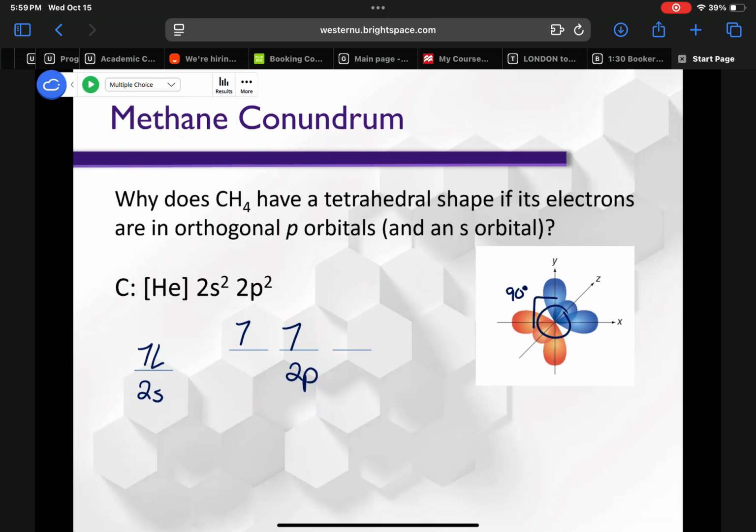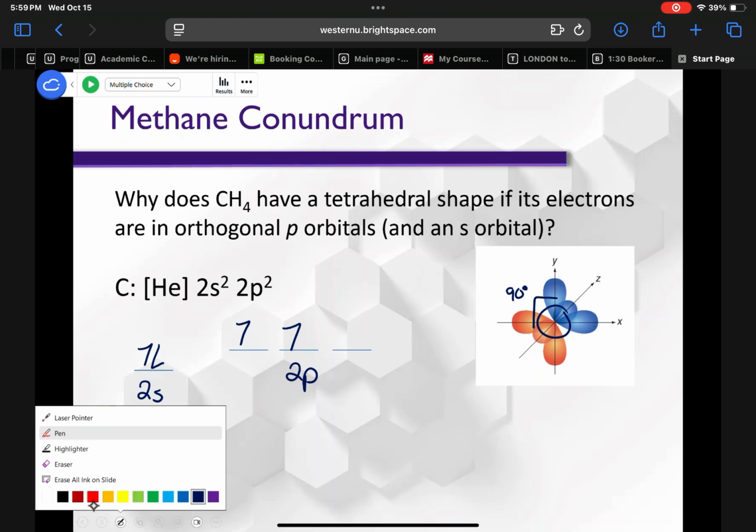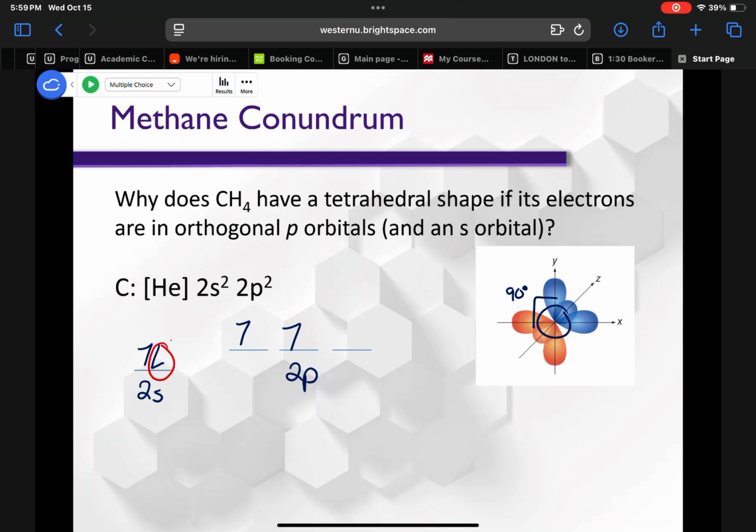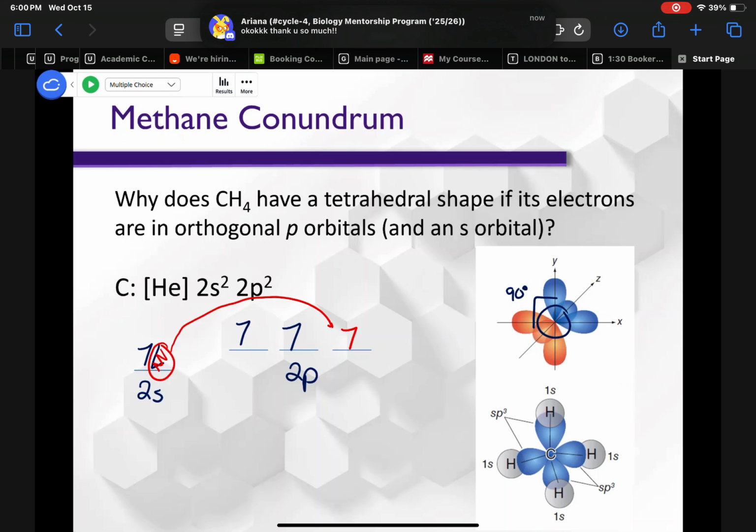If carbon wanted to form a bond and make methane, for example, I'm going to take that paired electron in the 2s orbital and put it in the unpaired 2p orbital just so that they can share new electrons with hydrogen and form a molecule. So then I have half-filled orbitals that can become full.